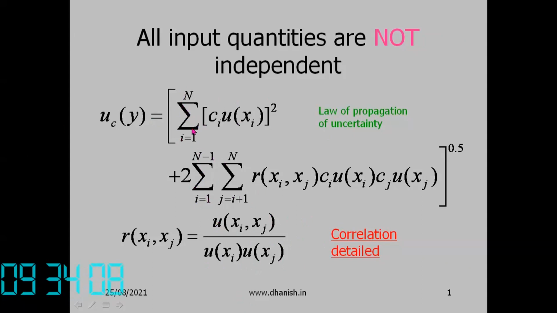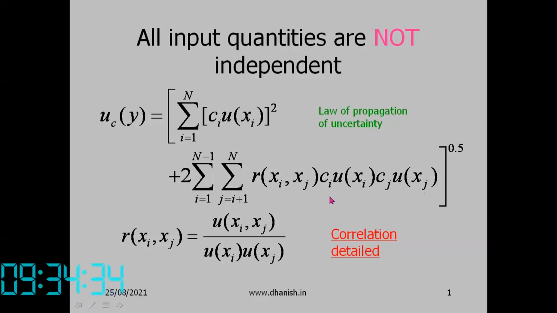If there are n terms, we have only n minus 1 because we are taking two at a time. So if it is x1, then the other cannot be x1; it can only be x2, x3, etc. If there are 3 terms, we have x1, x2, and x2, x3, and x1, x3 also.